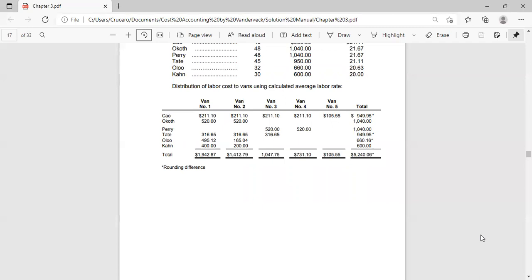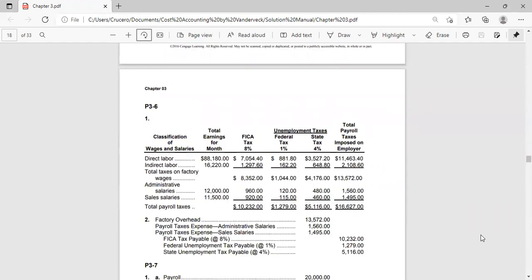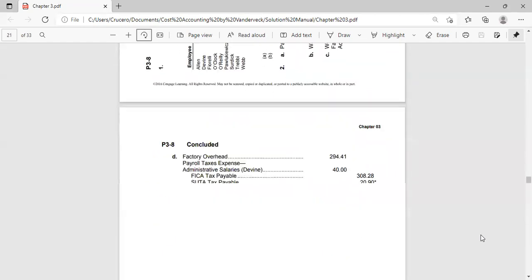Okay, now we go to the next problem I assigned. So far it is the longest problem. Summary of payroll deductions in 3-10.